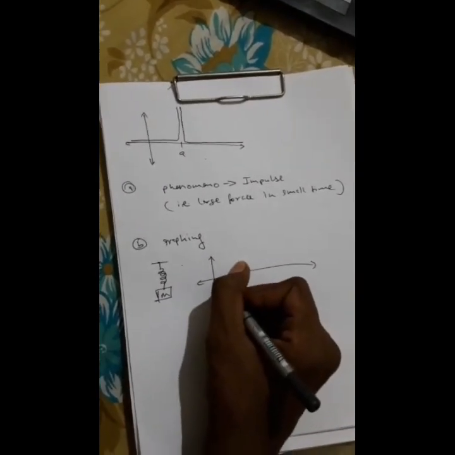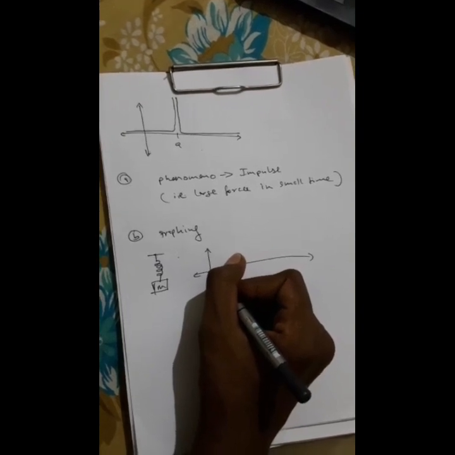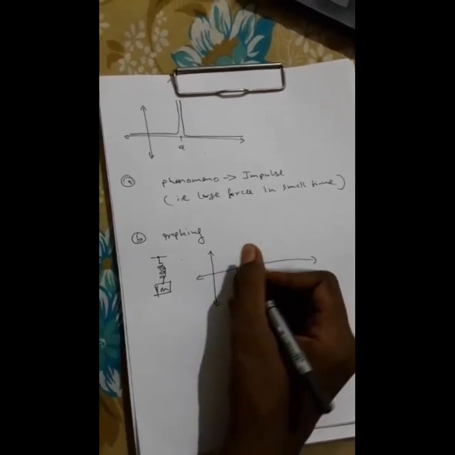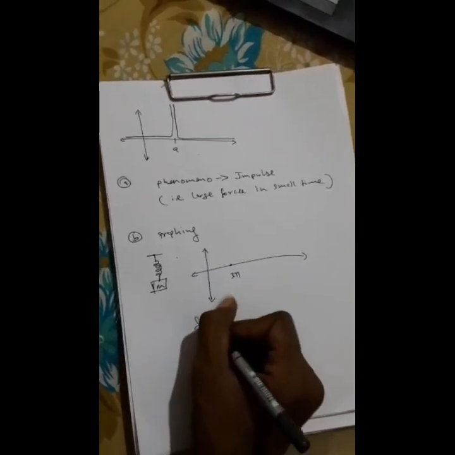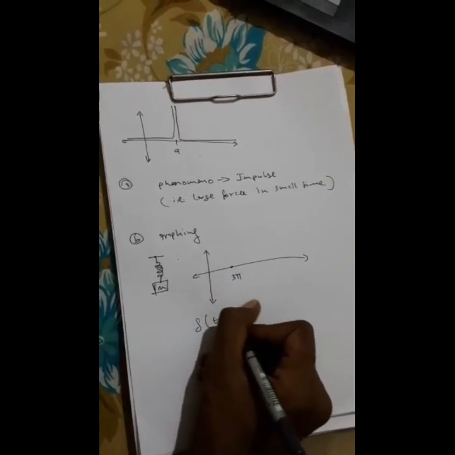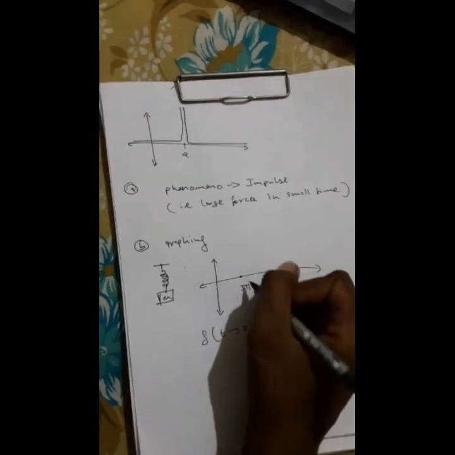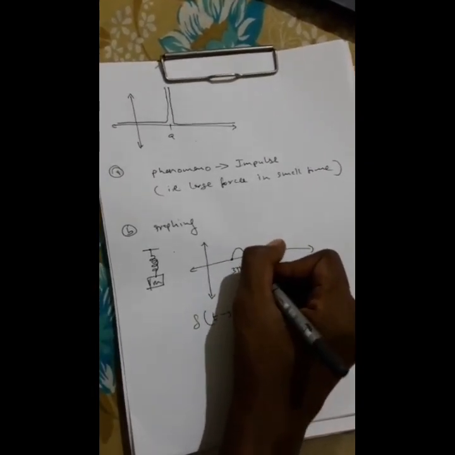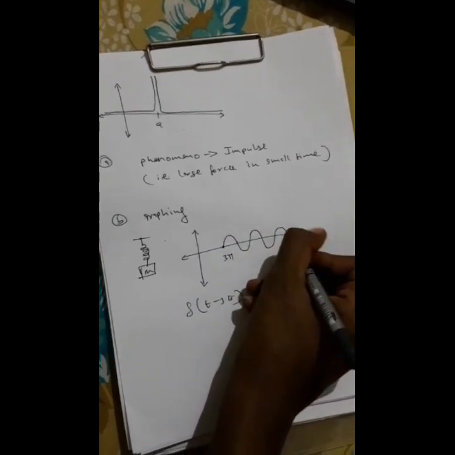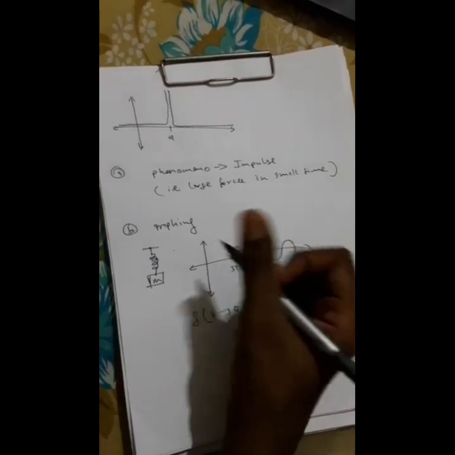It will start at rest from 0, then it will reach the point 3 pi because the delta function is t minus 3 pi. After that it will start a sinusoidal wave, and there will be no change in the amplitude or the frequency because there's no damping.